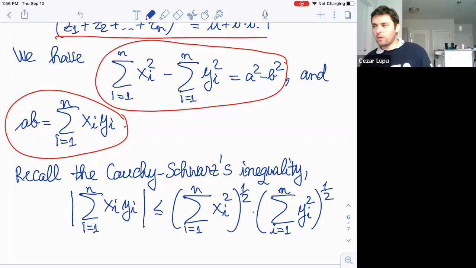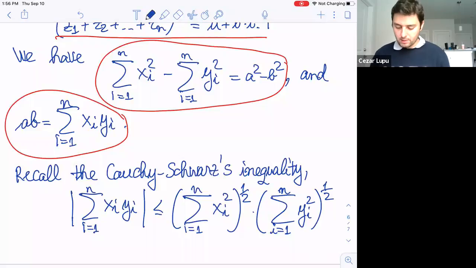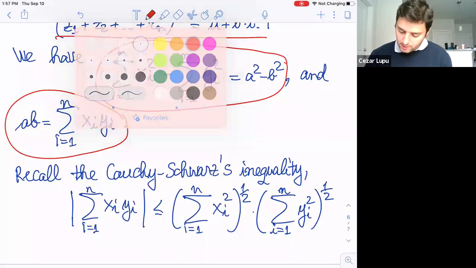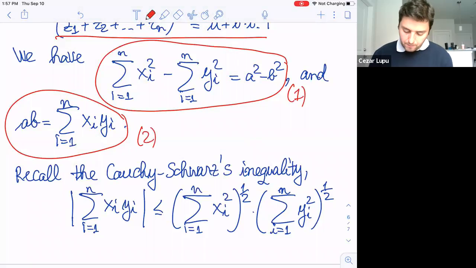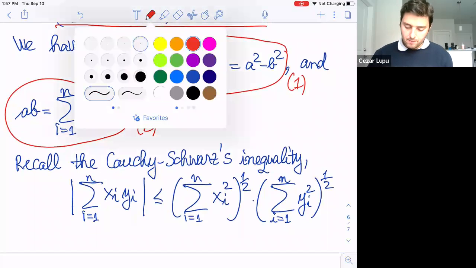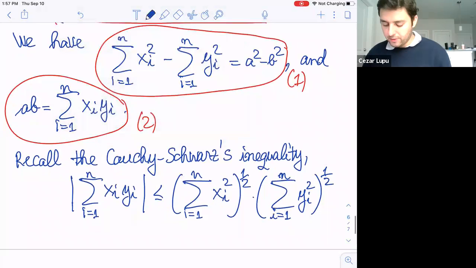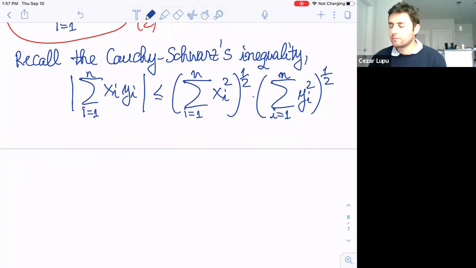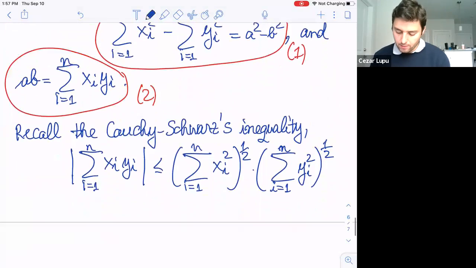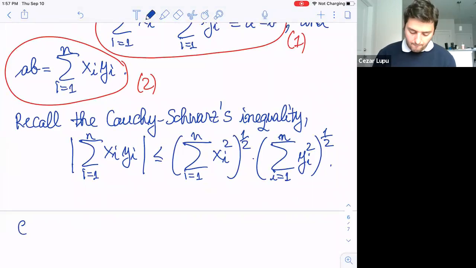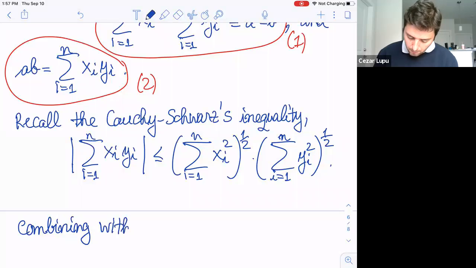So this is Cauchy-Schwarz. Let me denote this by 1 and this by 2. Let's call this CS.